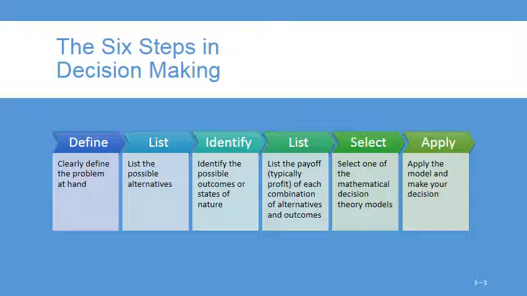Next, we will list our payoffs for each alternative in a particular state of nature. Basically, how much do we expect to make or lose for a particular choice we make? We are going to go over several types of decision models. At this stage, we will select a decision model and then apply that model to make our decision.